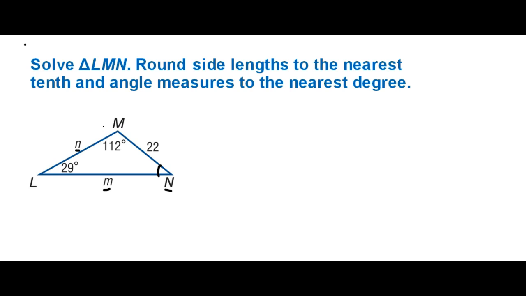You know that all three of these angles have to add up to 180. So 112 plus 29 plus some other angle, which is n, is going to equal 180. So 112 plus 29 is 141, plus n is 180.